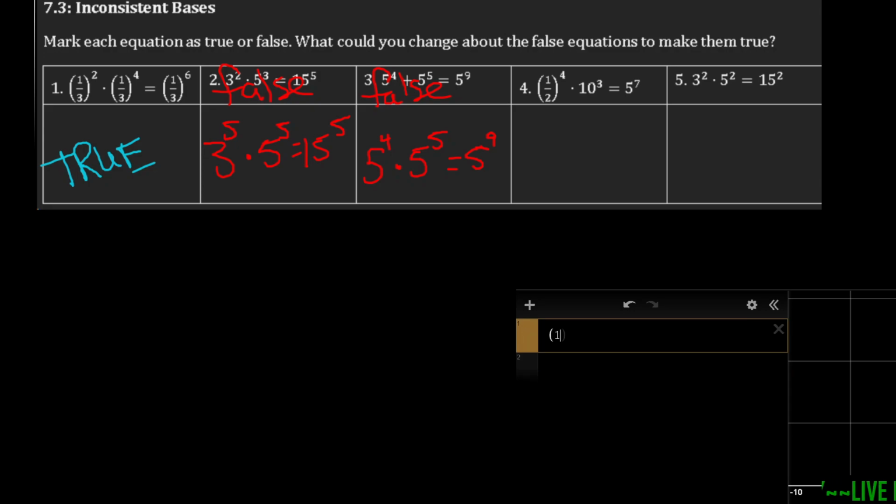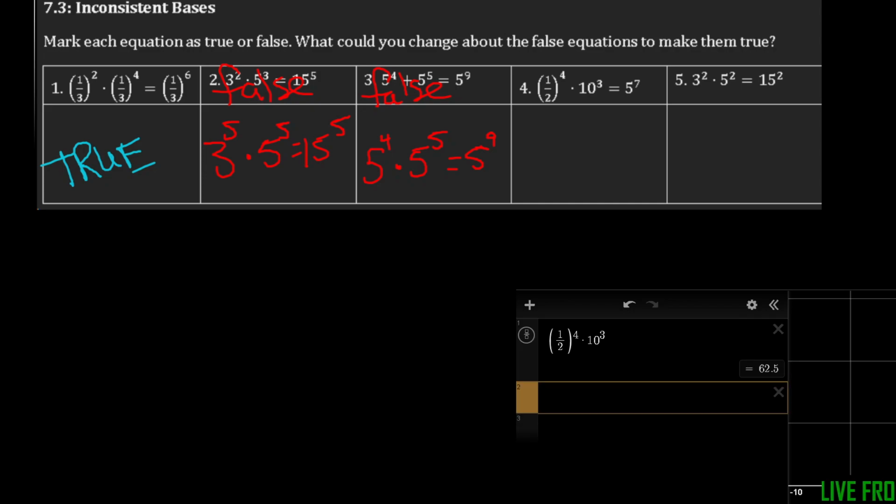So let's have parentheses 1/2 to the exponent of 4 times 10 to the exponent of 3. Is that equal to 5 to the exponent 7? Obviously, it's not the same, so we have to change this up. So let's say false for this one as well. Similar to our number 2, let's change them so they have the same exponent.